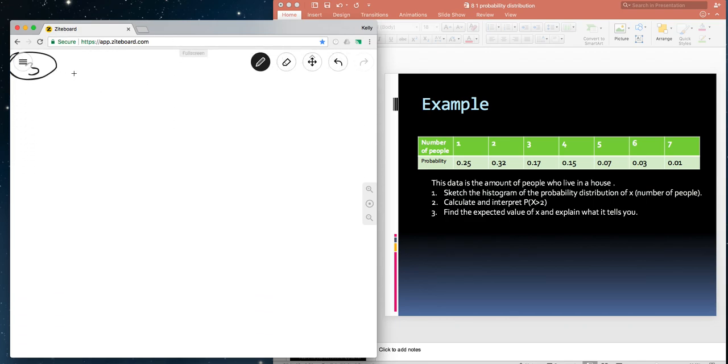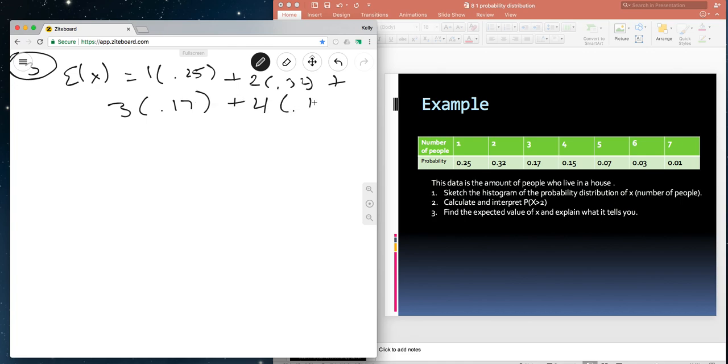Basically, for the expected value of x, we are going to do 1 times 25% plus 2 times 0.32 plus 3 times 0.17 plus 4 times 15%, 5 times 0.07, 6 times 0.03, and then 7 times 0.01.